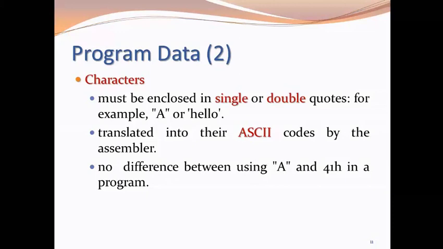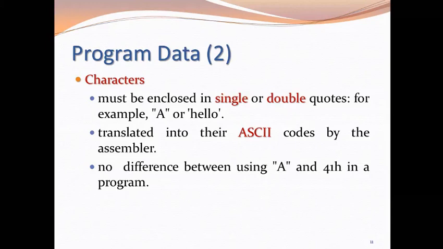Is that clear? That is what I mean by saying that there is no difference. So in the program, if you need to use a character variable like A, either you can write the code or A inside the double or single inverted comma. It's very easy to understand. If we want to write some string or character in assembly code, we have to consider either double or single inverted comma.